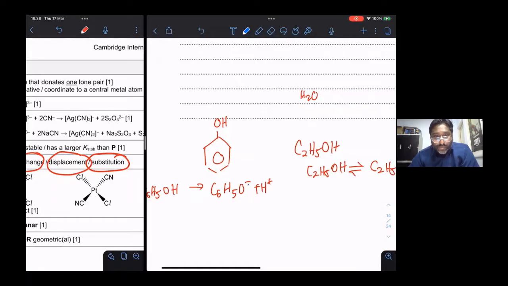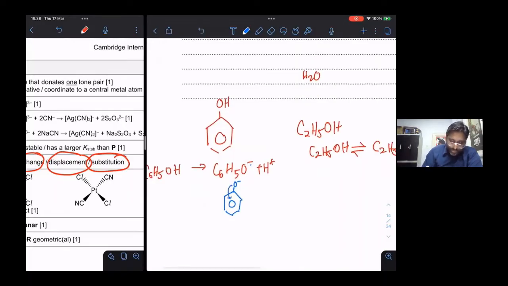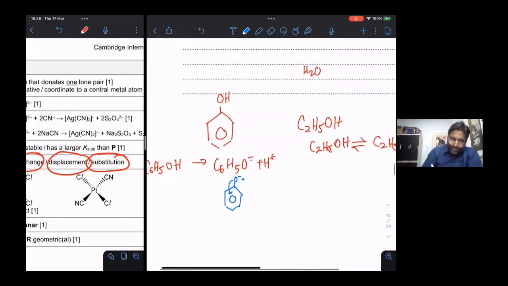Now, when you look at it, the lone pair of electrons that exist on the O- in your phenoxide ion are going to delocalize into the benzene ring, making this charge become less negative. So it is going to stabilize the phenoxide ion.